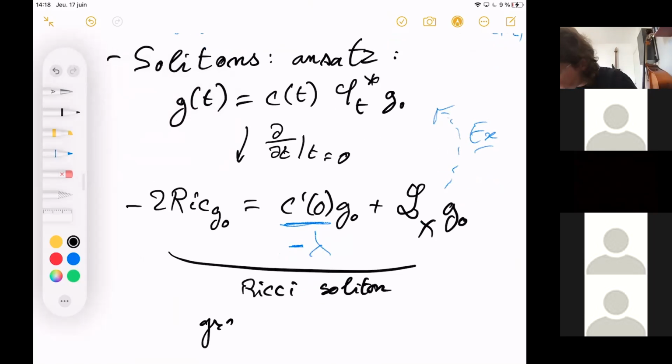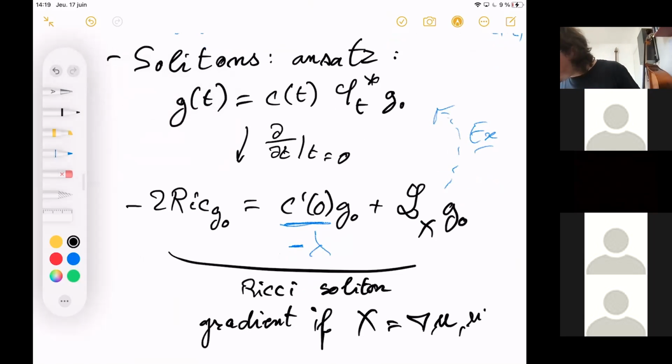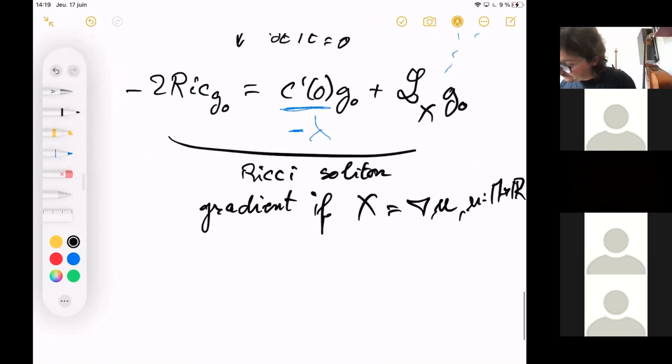And we will say that it's gradient if X is the gradient of some function u from M to R. If X is a gradient, then you can rewrite this equation, because the Lie derivative of the metric in the direction of the gradient is just twice the Hessian. So what you get is that Ricci plus Hessian of u equals lambda over 2 g naught.